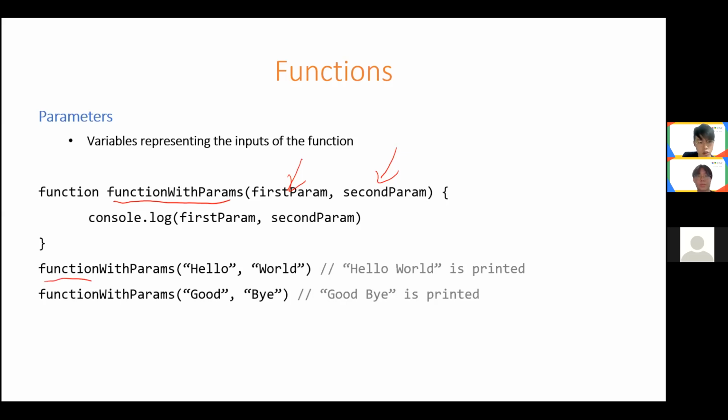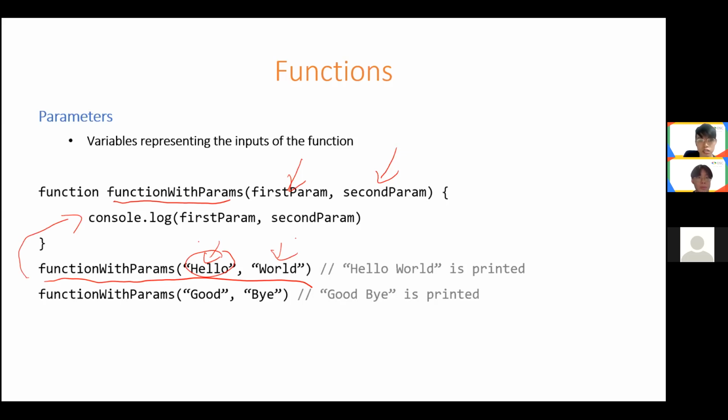If you see, I call it here with 2 values, hello and world. Because hello is the first value that we give to the function as an input, when you go back up here, first param will equal hello.